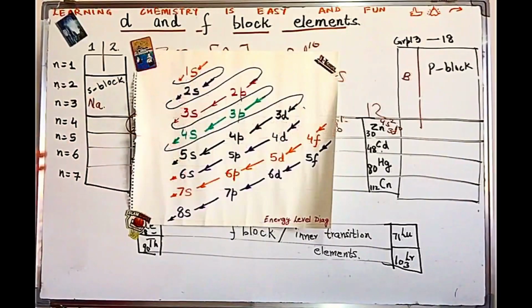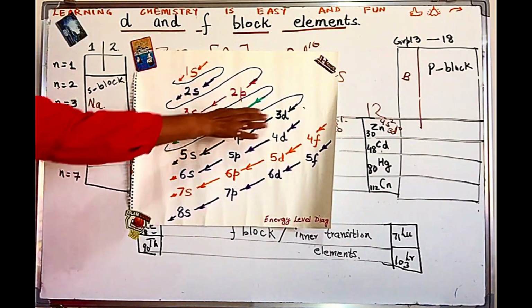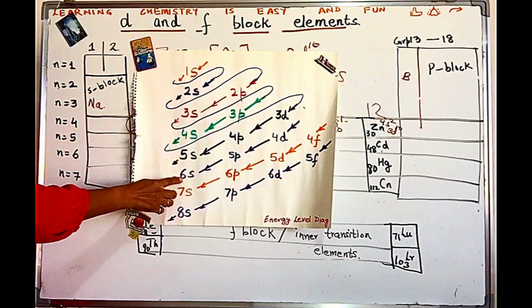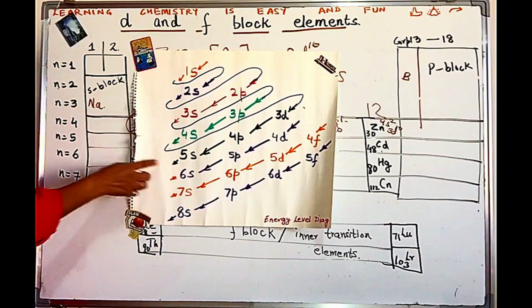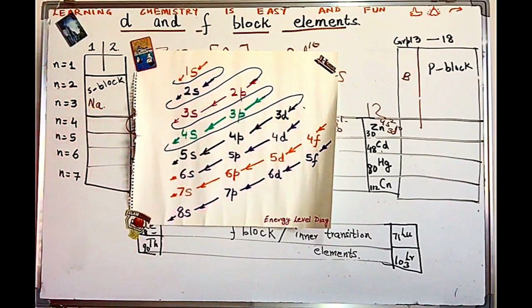So I've come back to the energy level diagram once again. So we've got 1s, 2s, 2p. Okay, let me jump straight to 4d, 5p, 6s, and after 6s we should actually have the electron entering into 4f.